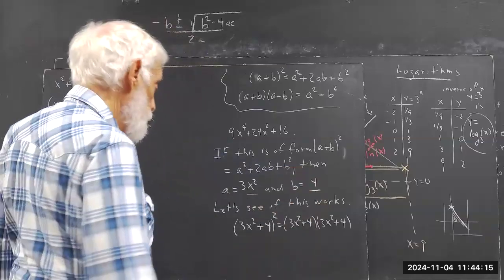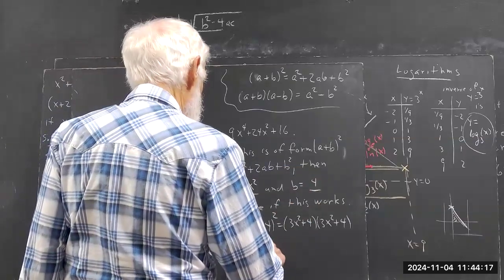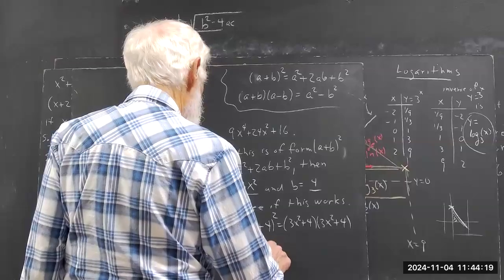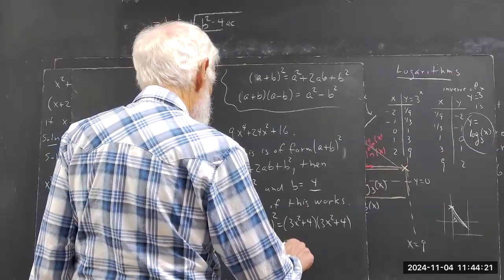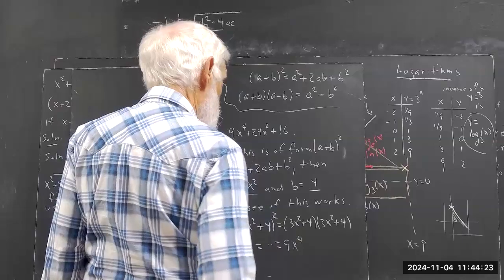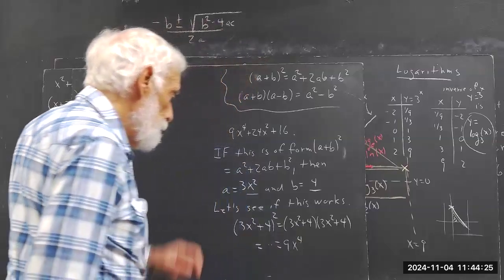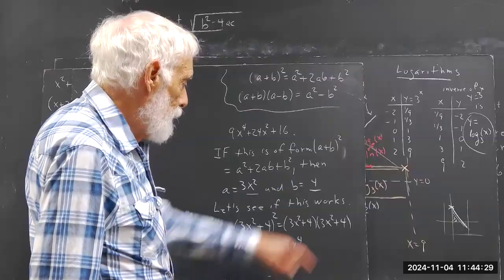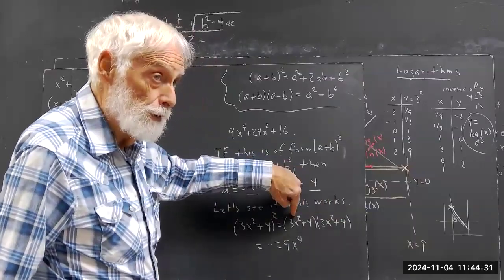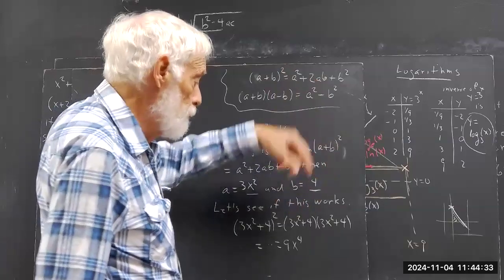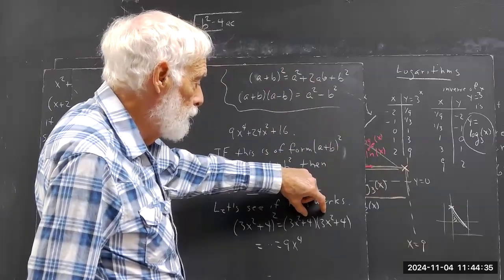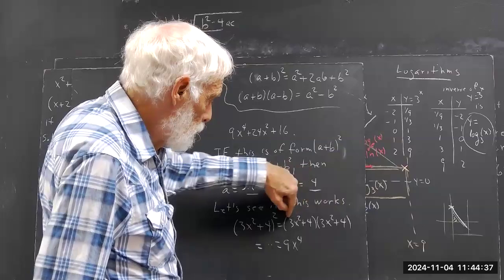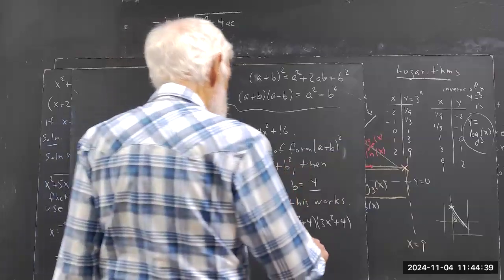So we expand this. And what do we get? We get 9x to the fourth. This 4 times 3x squared is 12x squared, and this 4 times 3x squared is another 12x squared.